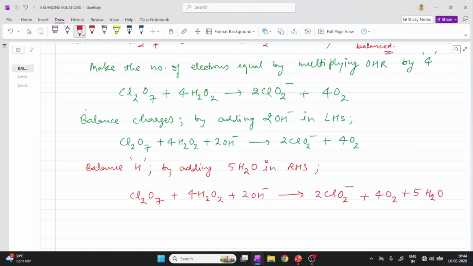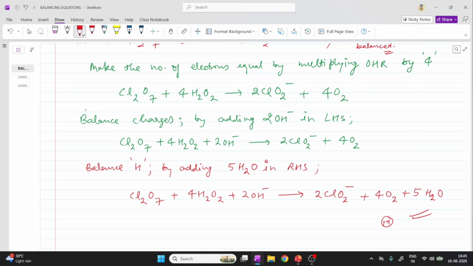On this side, 7 plus 2 4s are 8, so 8 plus 7 is 15, plus 2 is 17, and on this side I have 2 2s are 4, 2 4s are 8 plus 4 is 12, plus 5 is 17, so 17 each. That means this equation is also balanced with respect to hydrogen and oxygen.